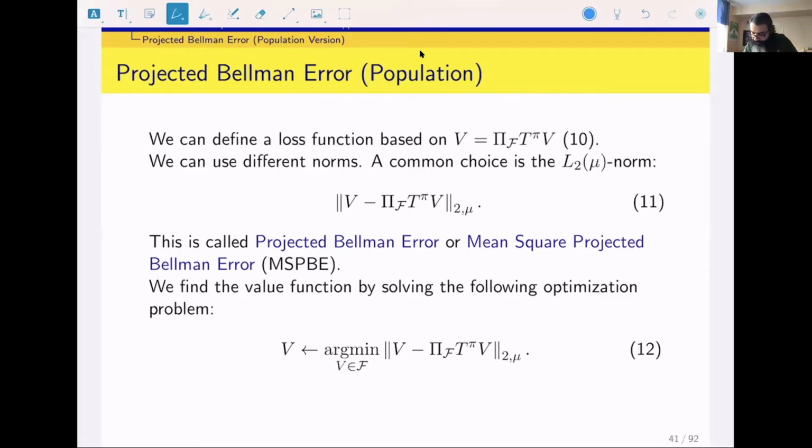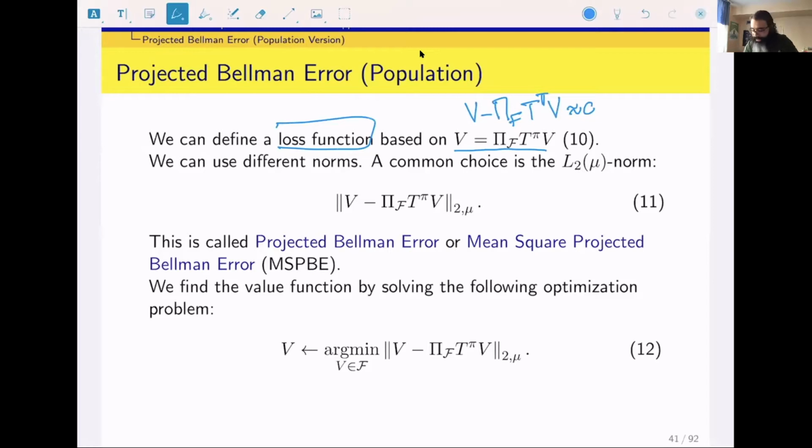So we start from v equals capital Pi T pi v. We can define a loss function, and to define it, we can think about some norm of the difference between these functions. So we say that we want this to be small.